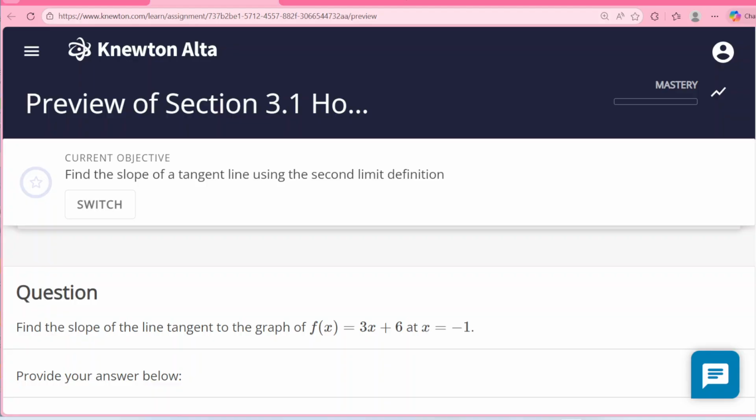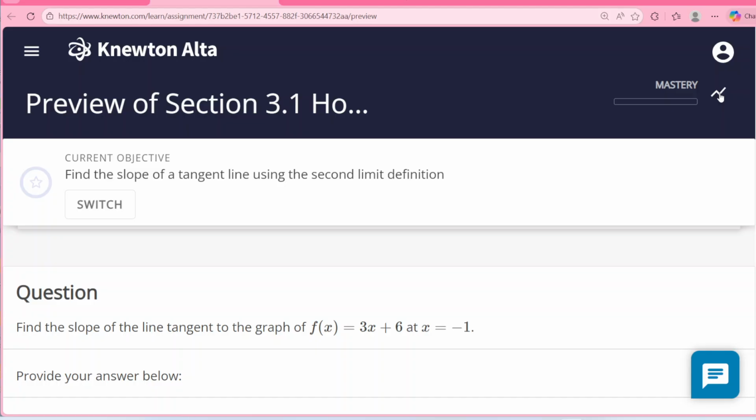Okay, so here we are at Knewton Alta. So again, you'll see the title of the section, the assignment for this particular course I am in. This defining the derivative assignment is for section 3.1. In the right-hand corner, you should be seeing a mastery bar that tells you how far along you've gotten in the assignment.